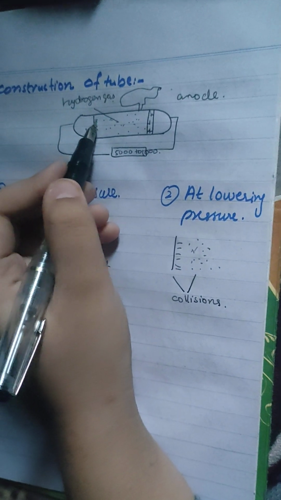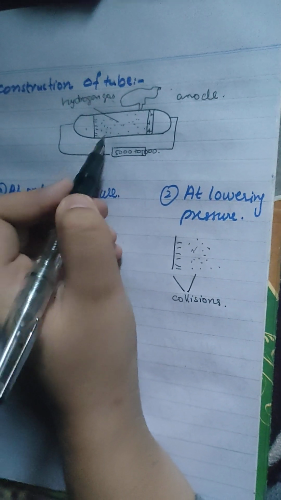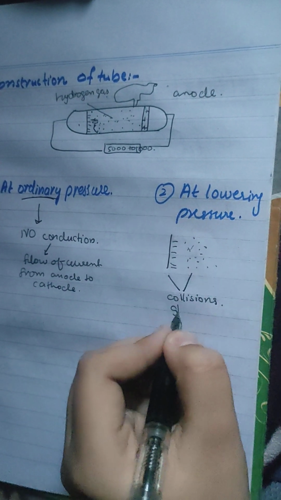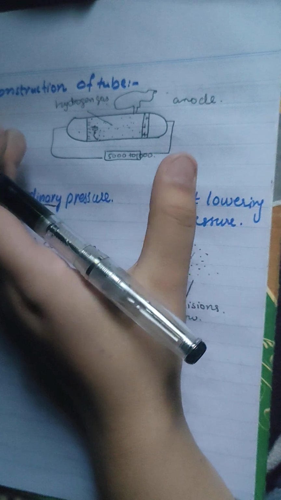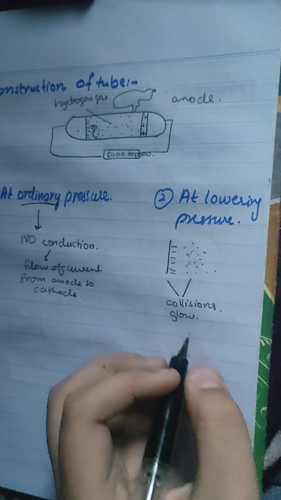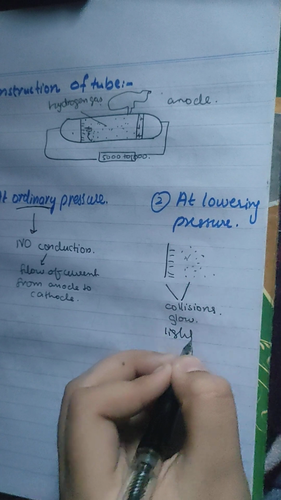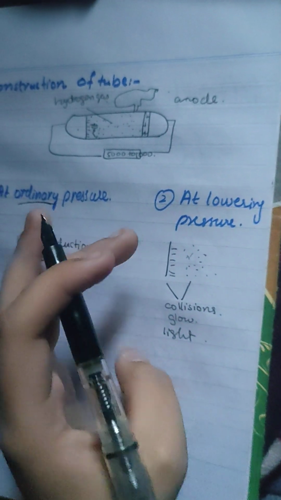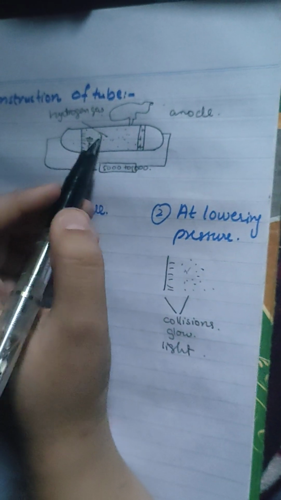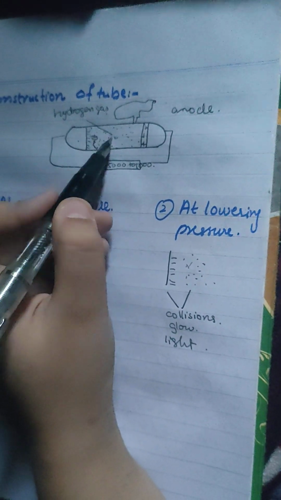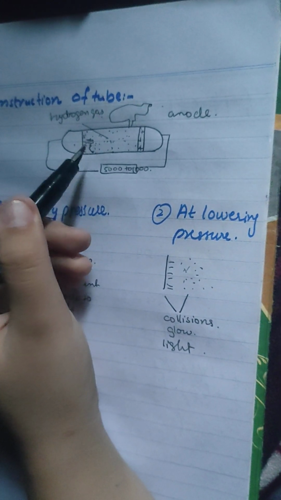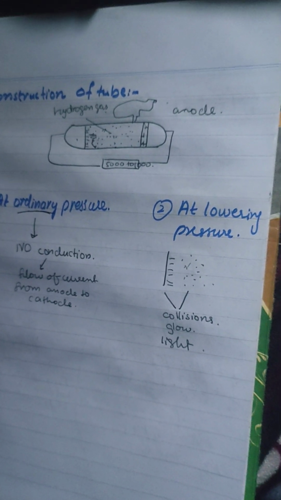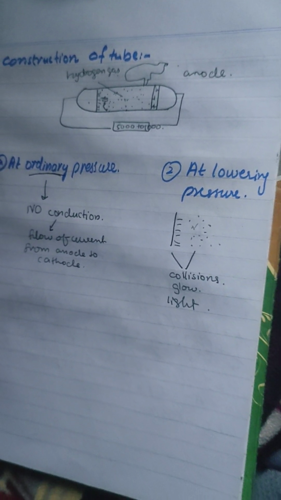When this negative charge and the hydrogen gas collide together, the glow occurs, meaning the tube will glow up. Okay, this is basically on lowering the pressure. With the help of these collisions there will be a glow in this discharge tube.